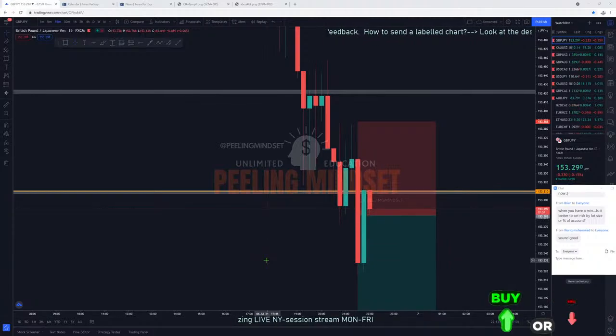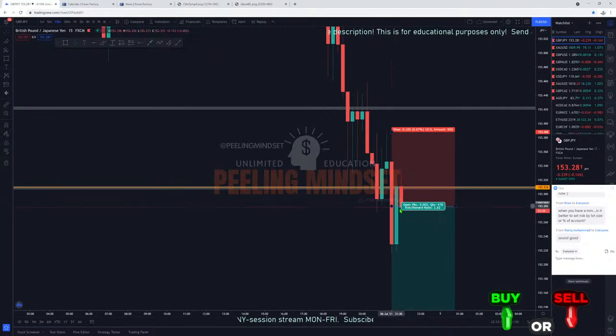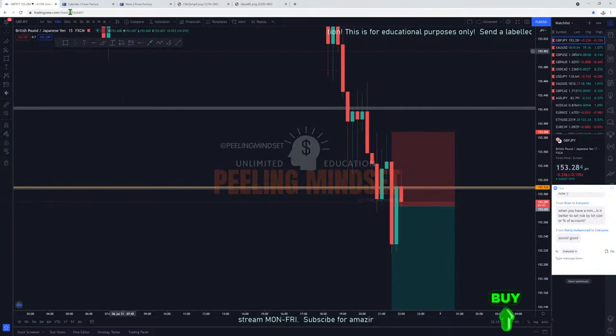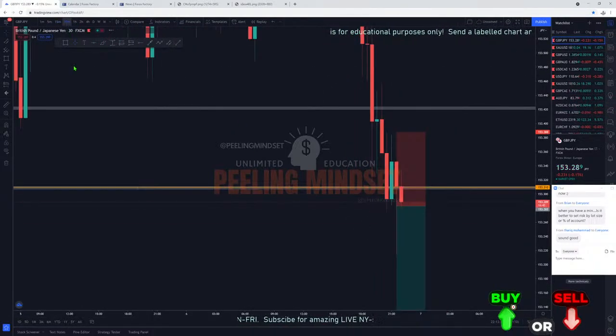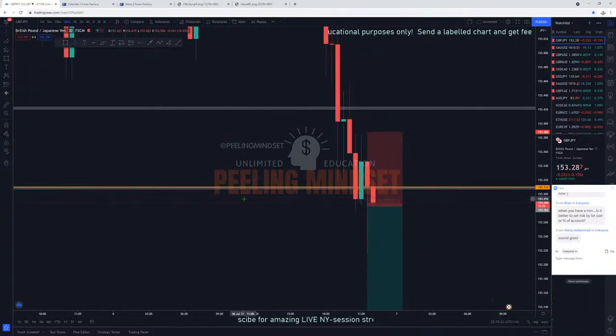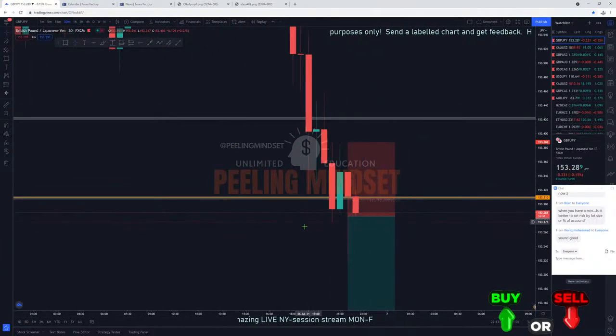Alrighty. And the position is still there. The 15-minute candle has 1 more minute left for its close. If this 15-minute candle finally closes bearish, that could be a good sign for the candles to push down. So let's see. The 30-minute candle still has that mojo to move down. My position is still there.